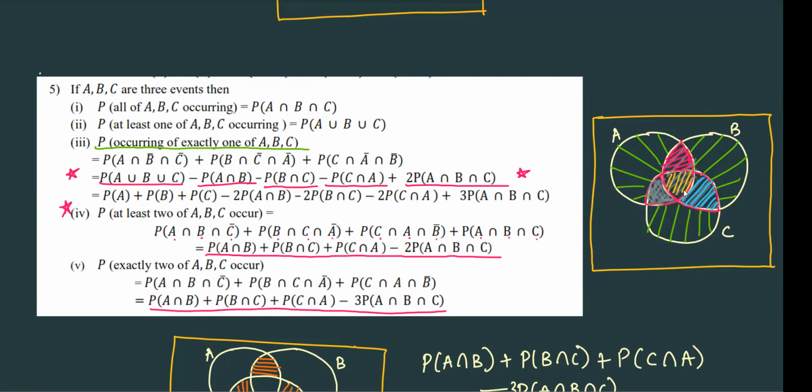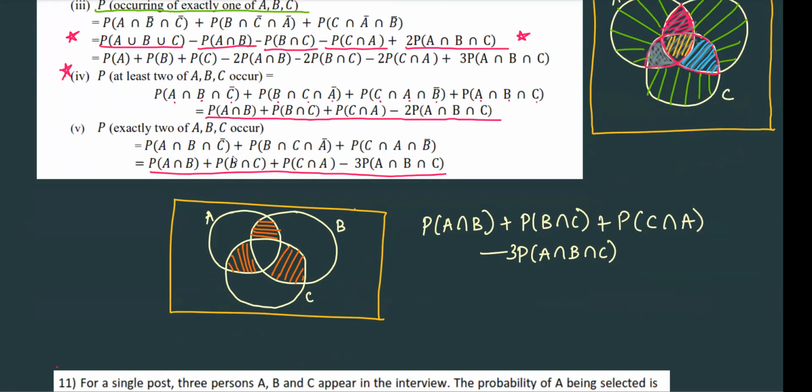So I will have to subtract this region twice. Therefore, I get this minus 2 times P of A intersection B intersection C. Is it clear? Okay, good. So if it is exactly two of them occurring, then we have to subtract 3 times of this.